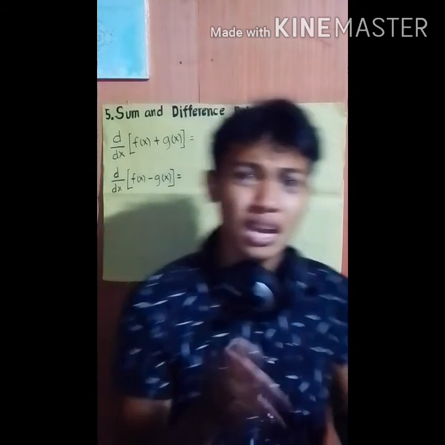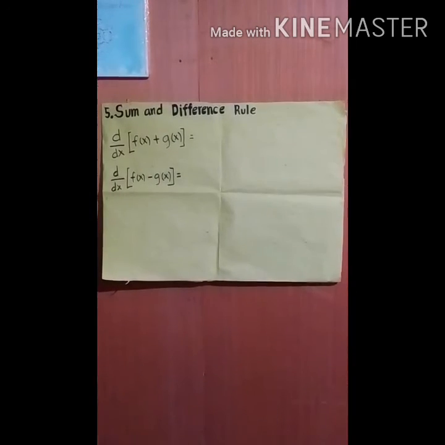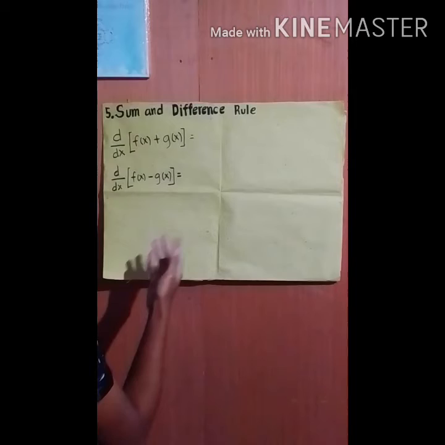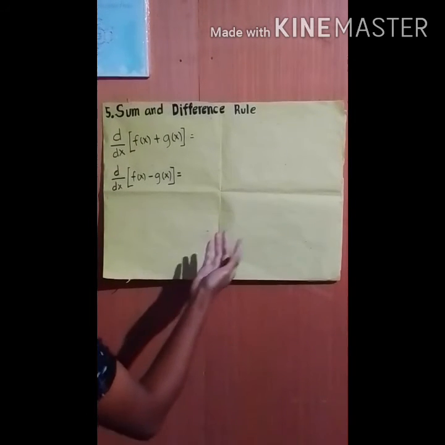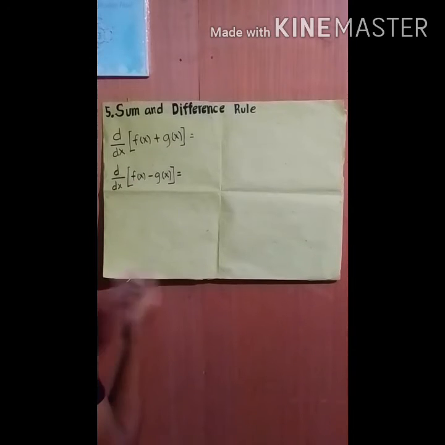Rule number 5, sum and difference rule. If f and g are differentiable functions, then the derivative of a sum or difference of functions is equal to the sum or difference of the derivatives.